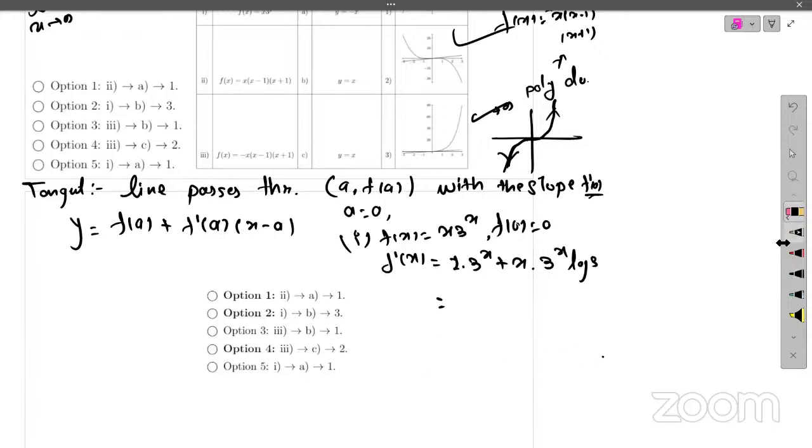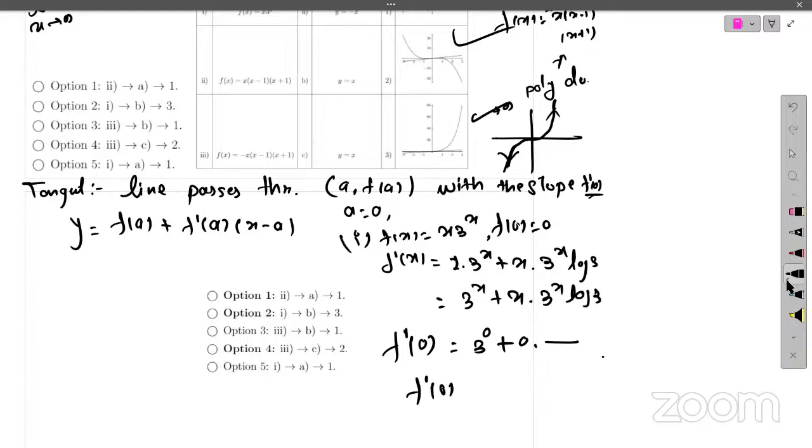So here log 3 will come. So it will become 3 to the power x plus x times 3 to the power x log 3. If you compute f dash of 0, it will become 3 to the power 0 plus 0 into this quantity, which is again 0. So f dash of 0 is nothing but 1.